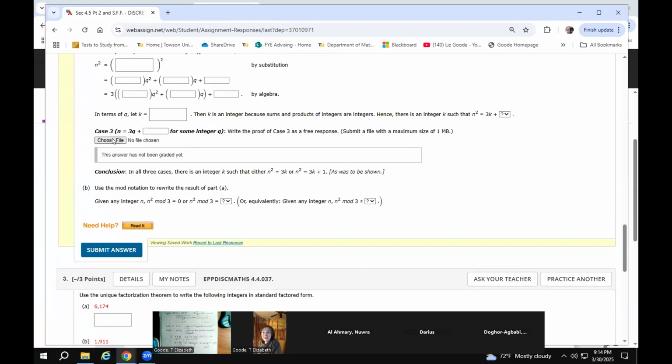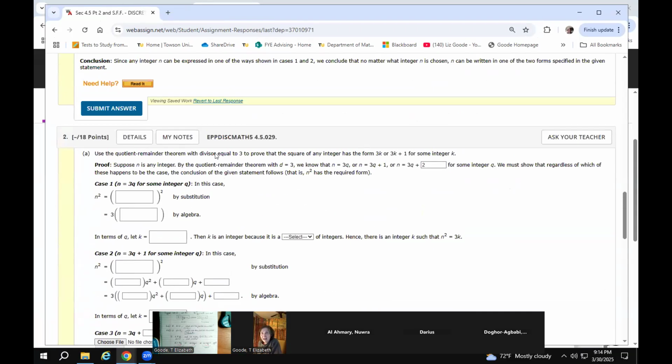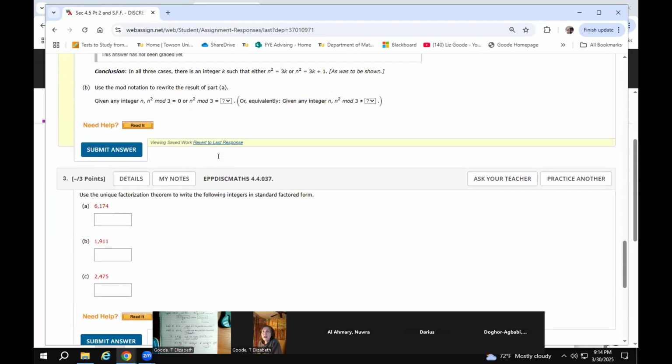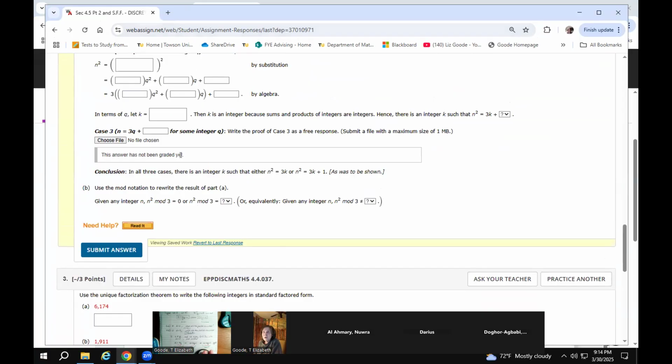Now, did I assign this where you have to upload a file here? Honestly, if you want, you could just say, see my proof portfolio. Wait a minute, this is one of the ones in the proof portfolio, isn't it? No, it's not yet.